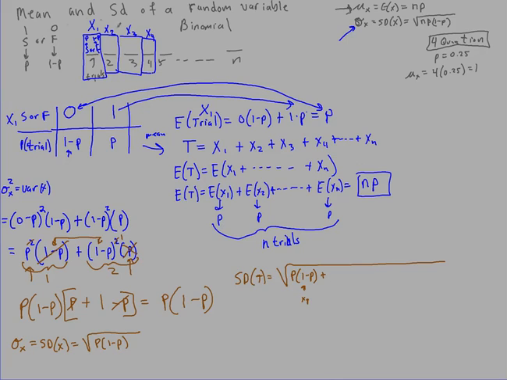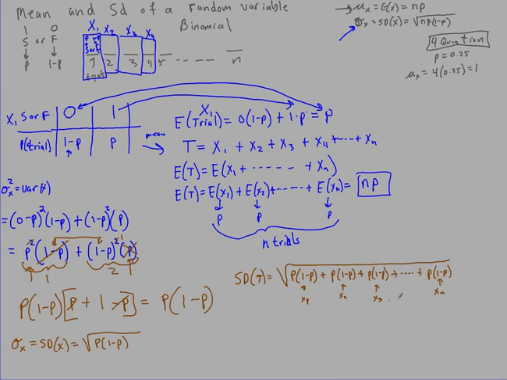Well, the second trial is the same as the first trial, so it's the same variance. It's p(1 minus p). That would be for the second trial, plus p(1 minus p) for the third trial. And we're going to keep running this until I get to the nth trial. That's Xn. Every trial is the same.